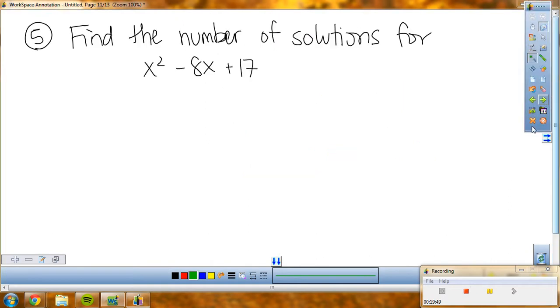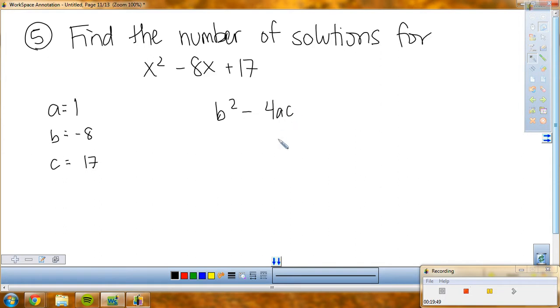Let's look at one more example. It's in standard form. I identify my A, my B, and my C. A is an imaginary 1, B is a negative 8, and C is 17. I substitute the values into the formula of the discriminant. B squared, I'm going to have negative 8 squared minus 4 times 1 times 17.